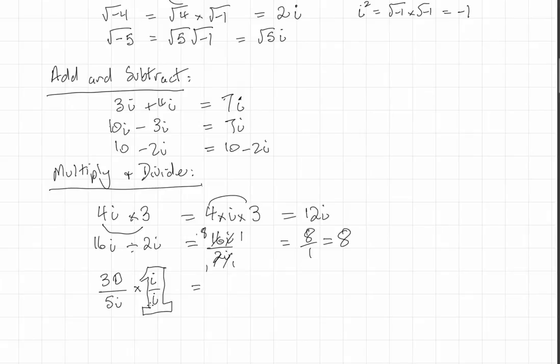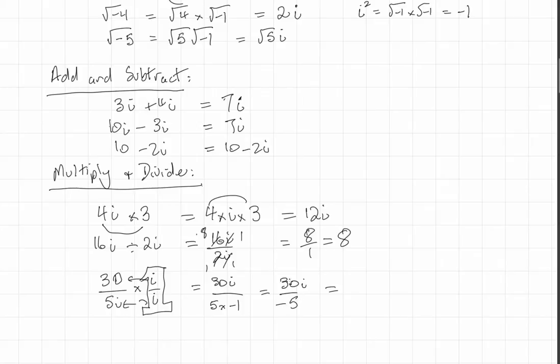value. But what that does do is go 30 times i is 30i, multiply out the top, and then multiply out the bottom, 5i times i. So i times i is -1. And so that is 30i over -5.